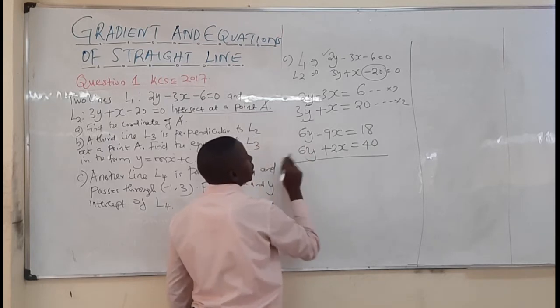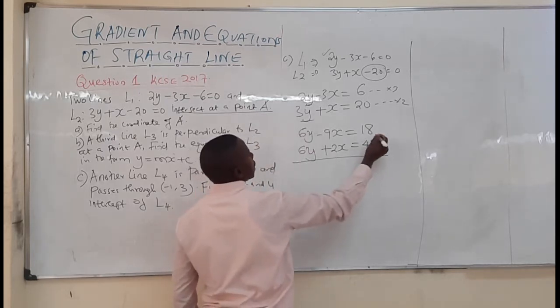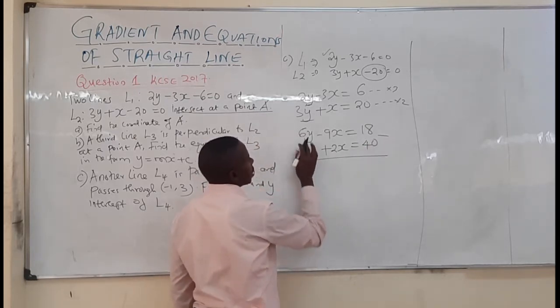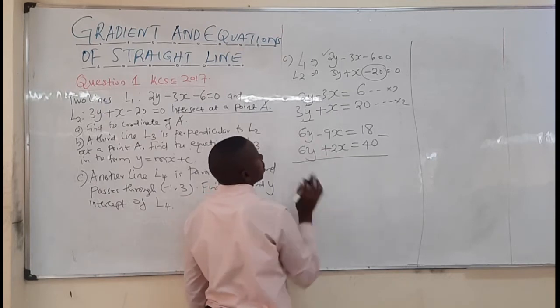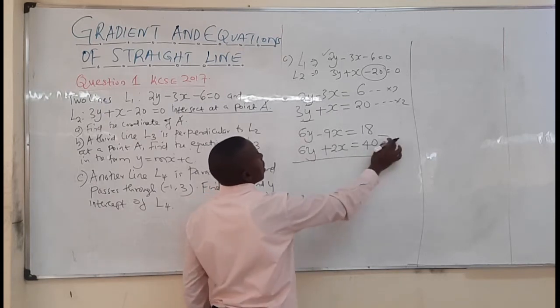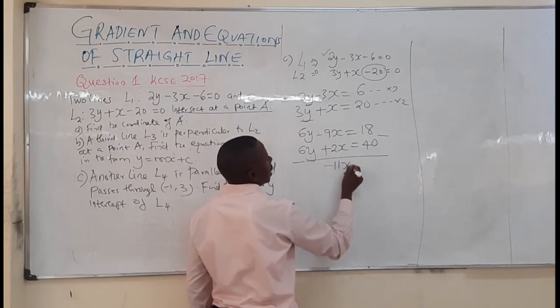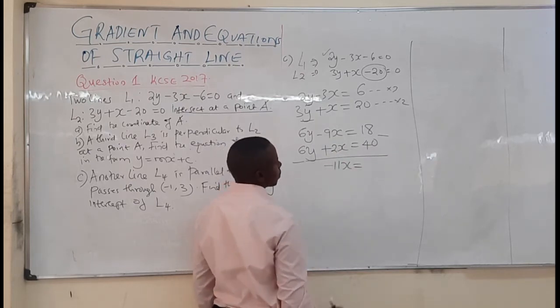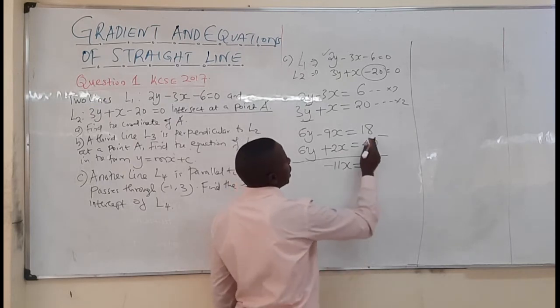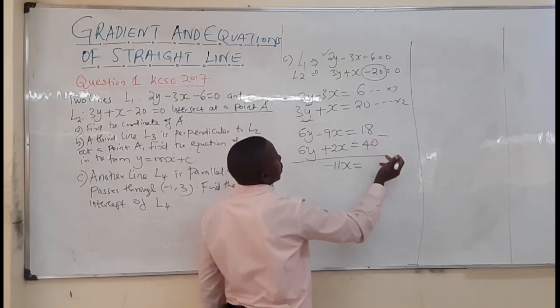To eliminate the 6y, they have the same sign, so we subtract them. 6y minus 6y is 0. Then minus 9x minus 2x gives minus 11x, is equal to 18 minus 40.